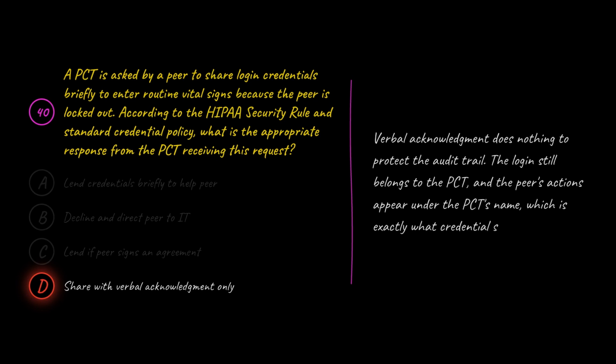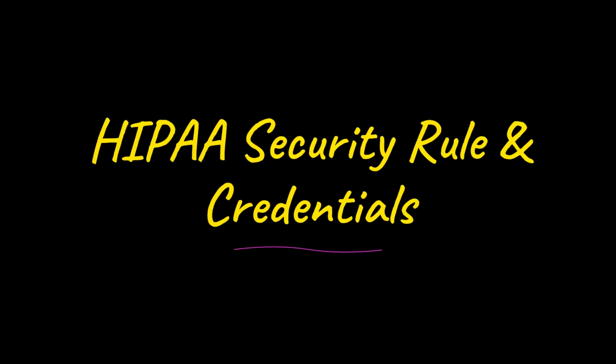which is exactly what credential sharing rules prevent. The HIPAA security rule requires covered entities to protect electronic protected health information through specific safeguards. Login credentials sit at the center of that protection because they make every action in an electronic health record traceable to one accountable individual.